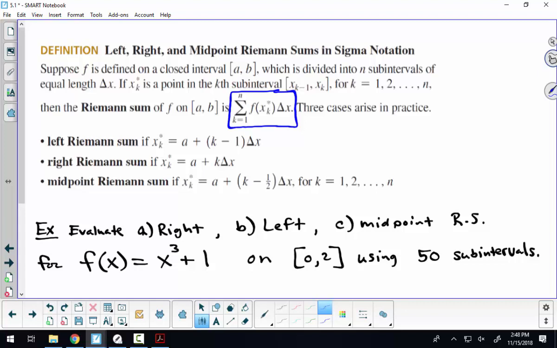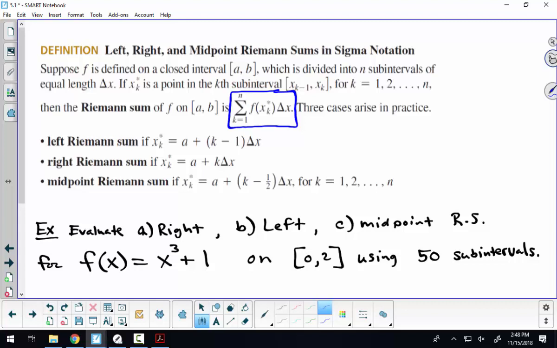Think about k representing the x value in the first rectangle, and then we move on to the second rectangle and the third, all the way to the nth rectangle. So the k still represents what was previously mentioned. The n still represents the number of rectangles we're using.